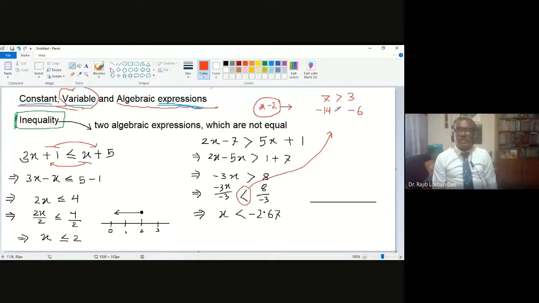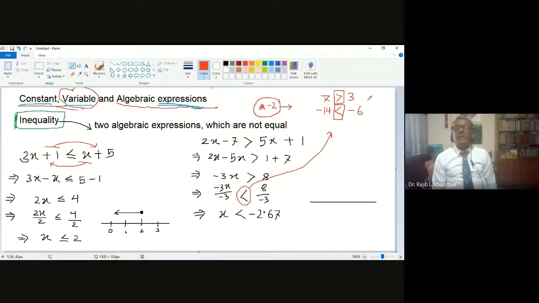Yes, less than. So what I am telling is, if you multiply by a negative number, then this symbol will be opposite. This greater than will be less than, or if you have less than, then you will write greater than. It will be opposite. So this is the understanding.